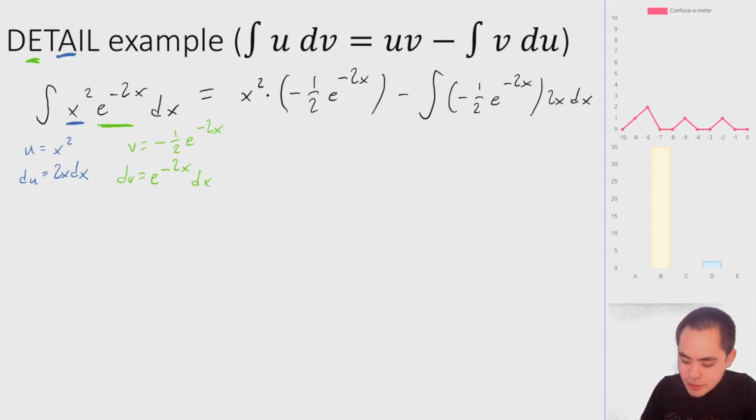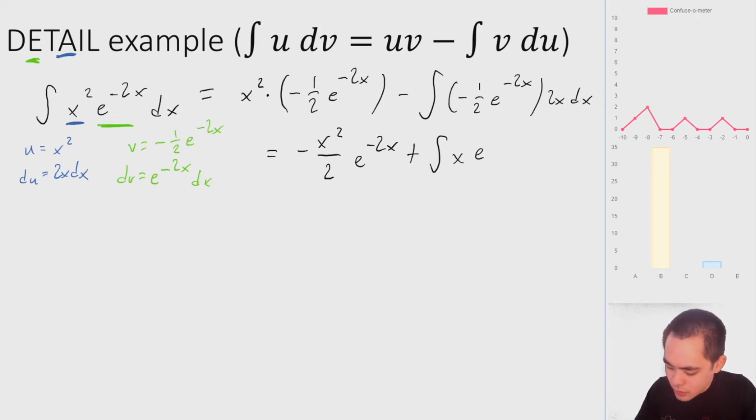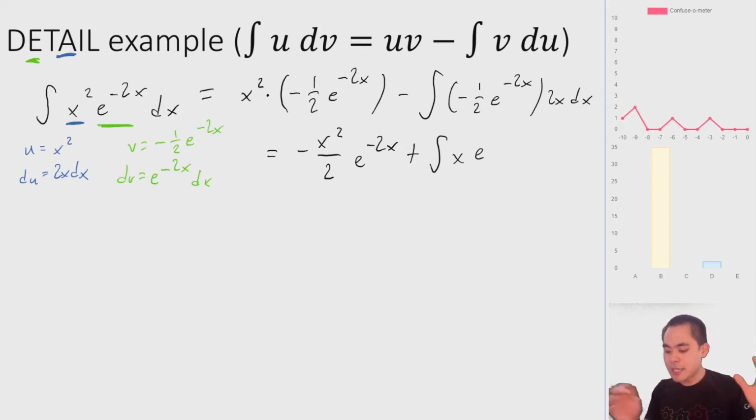If we rewrite this slightly in the nicer form, this is going to be minus x squared over 2 times e to the minus 2x, plus the integral of x e to the minus 2x dx, since you'll notice that the minus signs cancel out, and the 1/2 and the 2x also cancel out.